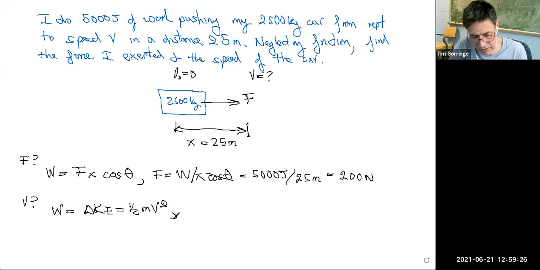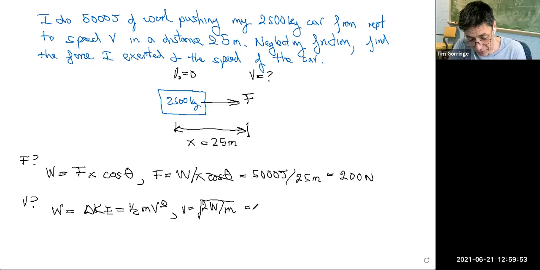So again, we're in a situation where we can figure the quantity that we're interested in, the final speed, from the quantity that we know, the work that I did in pushing the car. All we got to do is rearrange this equation. So I'm going to multiply the work done by 2, divide it by m, take the square root, and that will be equal to the speed.